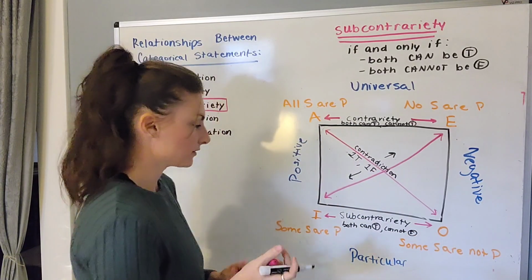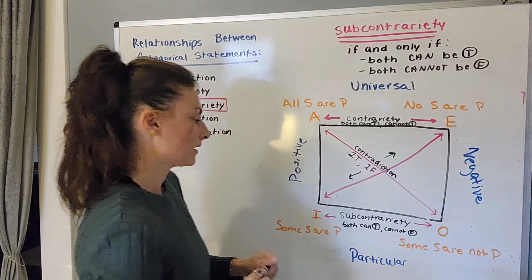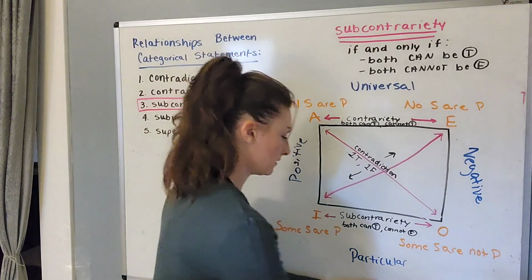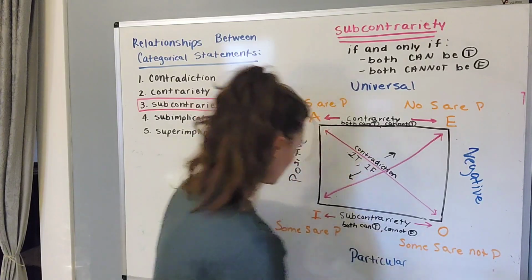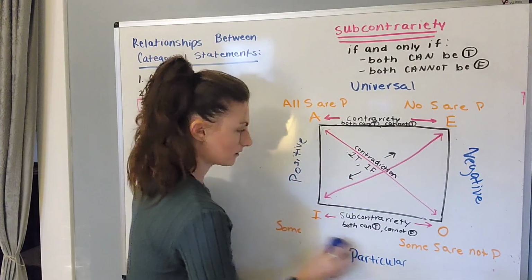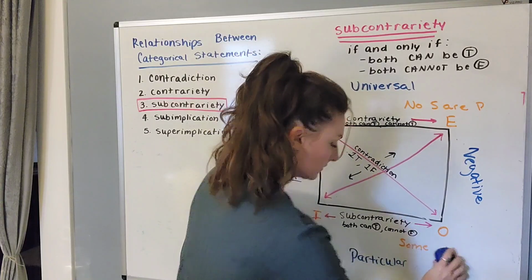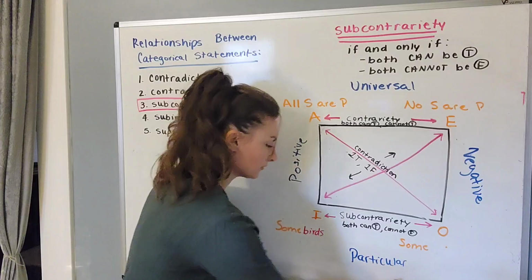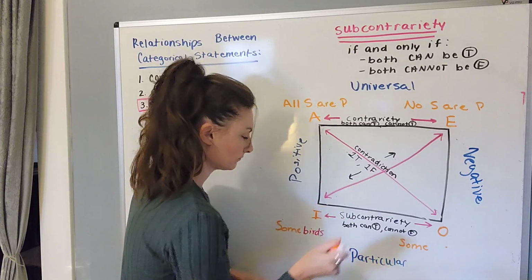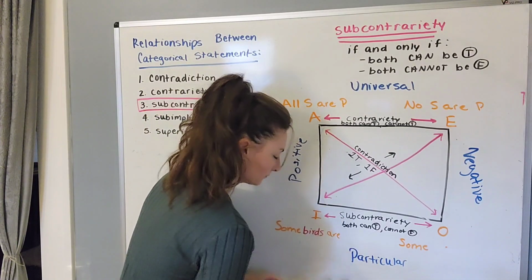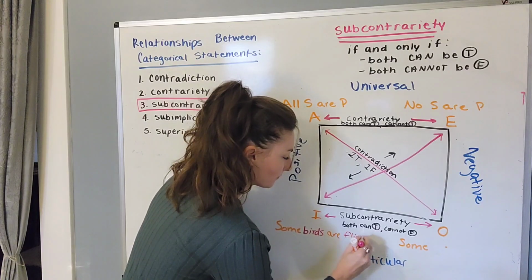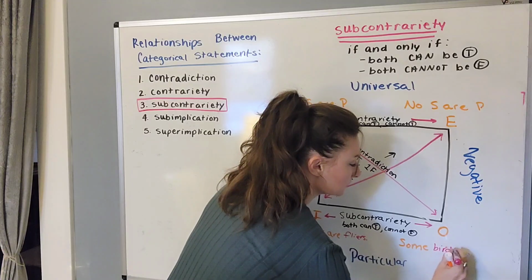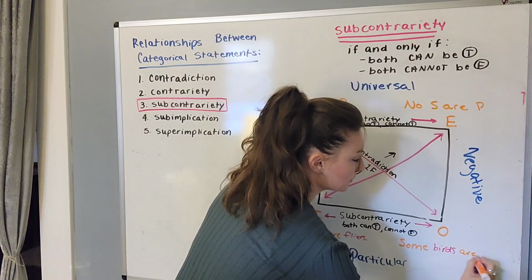All right, so let's look at this. To help us understand this, I'm going to put in an actual example. Let's say some birds are flyers. And we know that this is true. And then we could say some birds are not flyers.